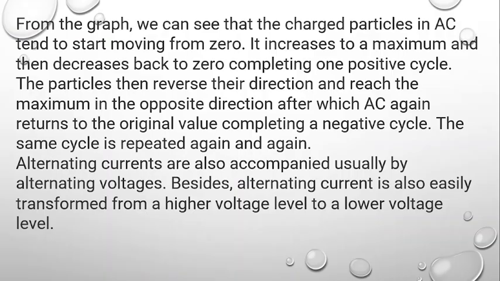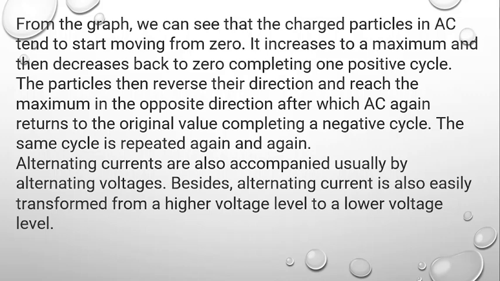From the graph we can see that the charged particles in AC tend to start moving from zero. It increases to a maximum and then decreases back to zero, completing one positive cycle. The particles then reverse their direction and reach the maximum in the opposite direction, after which AC again returns to the origin value, completing a negative cycle.